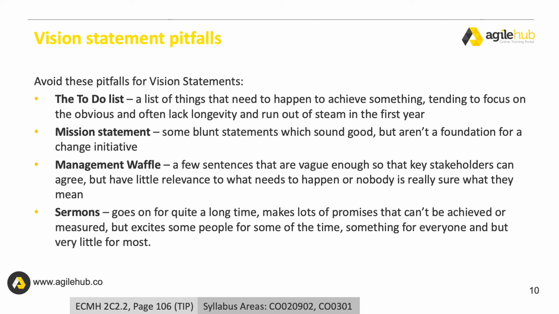Management waffle: a few sentences that are vague enough so that key stakeholders can agree, but have little relevance to what needs to happen, or nobody is really sure what they mean. Sermons: goes on for quite a long time, makes lots of promises that can't be achieved or measured, but excites some people for some of the time, something for everyone, but very little for most.